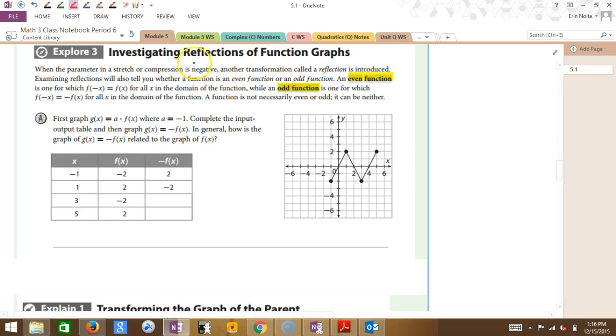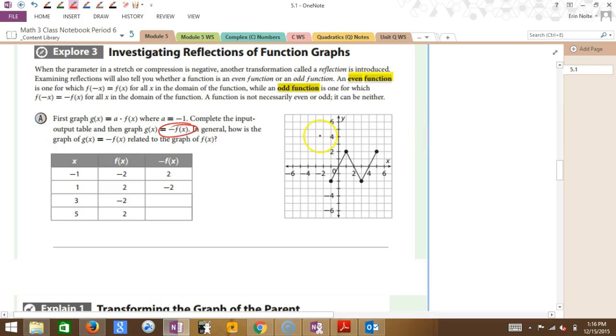So the next thing they talk about is reflections. We kind of talked about this when we did our quadratics. What happens if you have a negative out in front of a function? If I have negative x squared, what happens to my parabola? It gets flipped upside down. More technically, it gets reflected across the x-axis.